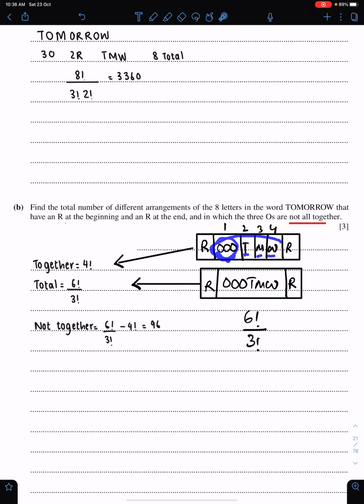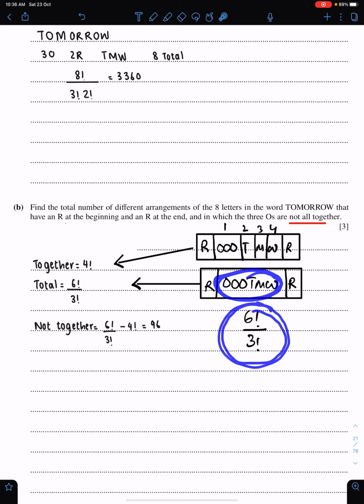So altogether we have 4 objects. So 4 factorial for 3 O's together, when R's are at the end. Well, this means total. Both R's are at the end and 3 O's are random. This is total. So for these 6 letters we have 6 factorial over 3 factorial.